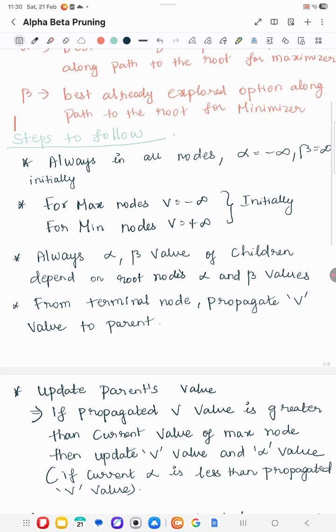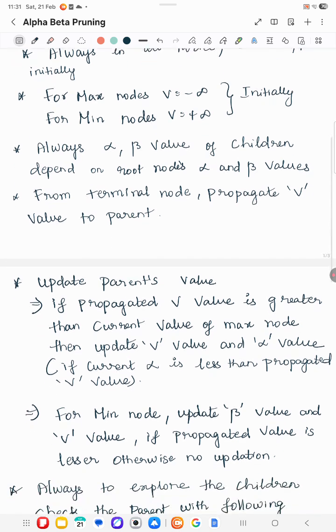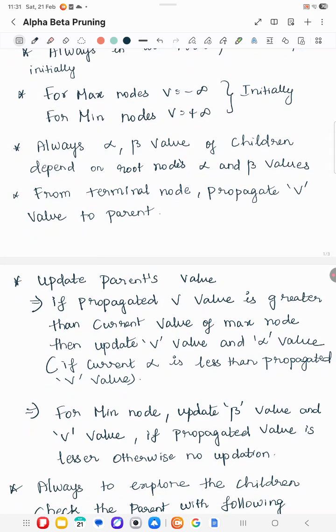What are the steps to be followed? In all nodes you have to initialize alpha equal to minus infinity and beta equal to plus infinity. The alpha and beta values of children always depend upon the parent node's alpha and beta values. For any node, whether it is a max node or a min node, you have to maintain three values: v, alpha and beta.